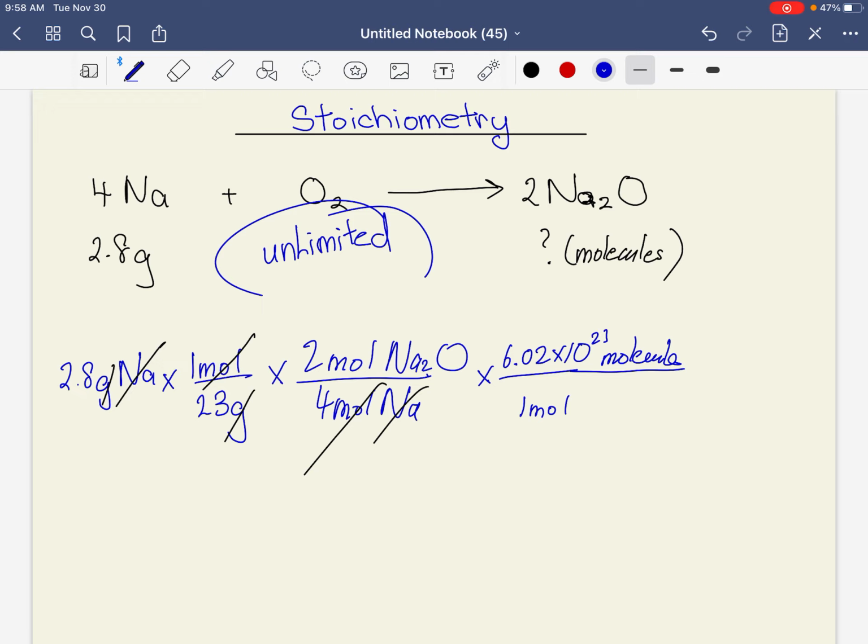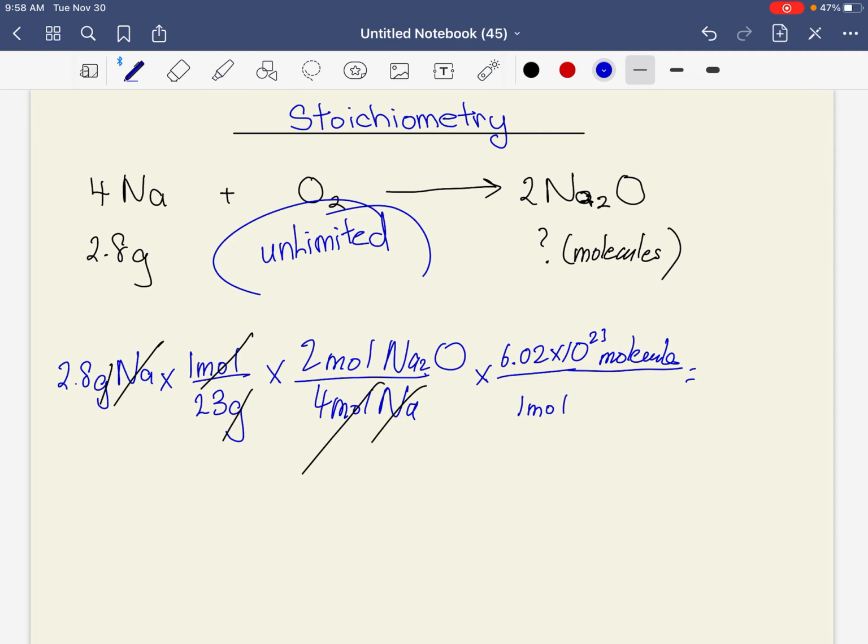I hope you remember that. Put this all together and you'll find out exactly how many molecules of Na2O you'll produce. So let me do that on my calculator. 2.8 divided by 23 divided by 2, and then times 6.02 times 10 to the power of 23.